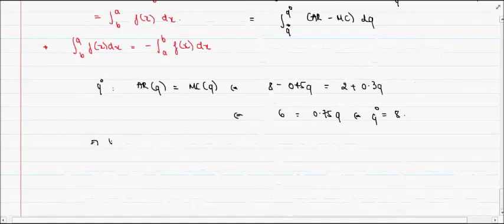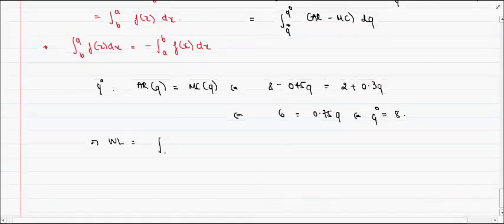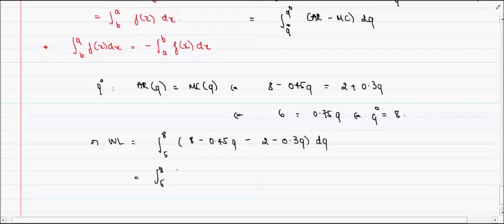Therefore the welfare loss is just going to be the integral between q star, which is 5, and q0, which is 8, of average revenue 8 minus 0.45q minus marginal cost 2 plus 0.3q, dq. Now 8 minus 2 is 6, minus 0.75q, dq. If I integrate this, it will give me 6q minus 0.375q squared, evaluated over the interval 5 to 8.